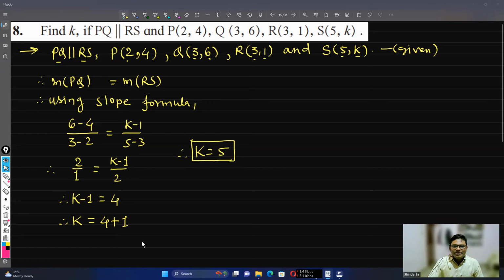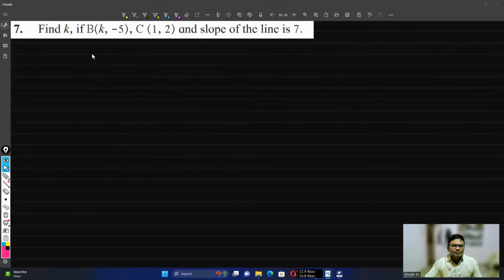Let's find the solution of another problem. Here it is problem number 7 from the same practice set. Find K if points B and C on line BC are given and the slope of line BC is 7. So let's write whatever is given.